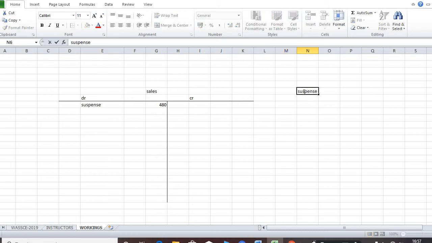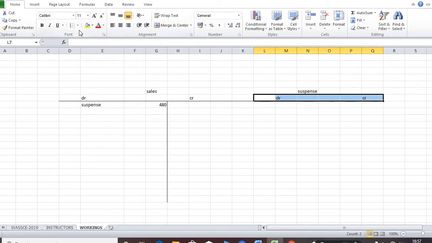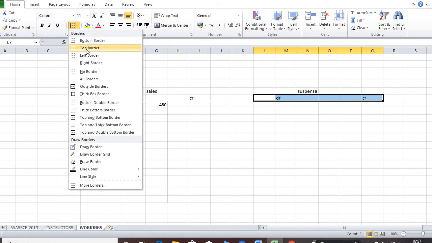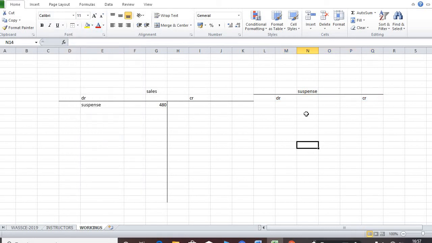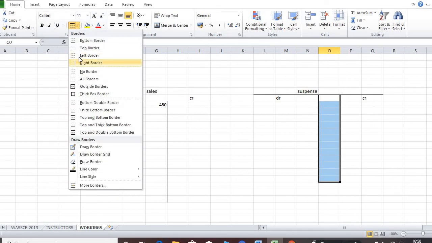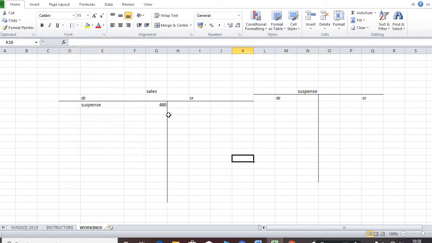In the Suspense account, we have the debit here and the credit here. I know you know how to draw a T account. So the corresponding credit entry will be in the Suspense account in the name of sales, which is 480.